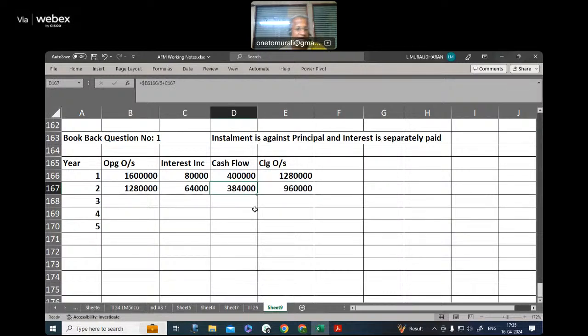So how is this item taken up? 16 lakhs divided by 5. How much does it come to? 3.2 lakhs. 3.2 plus 64, 384.